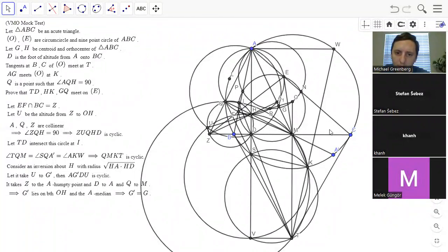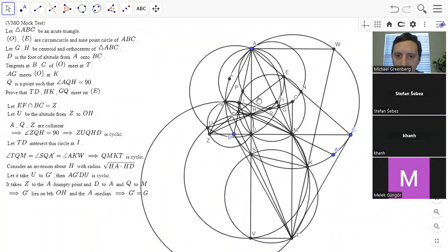Michael, sorry to interrupt you, but I actually proved that part. If you intersect TD and HM, and define it like that, you will need to prove that we have a harmonic bundle.